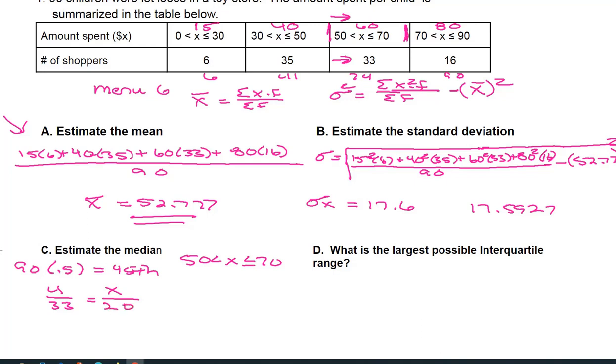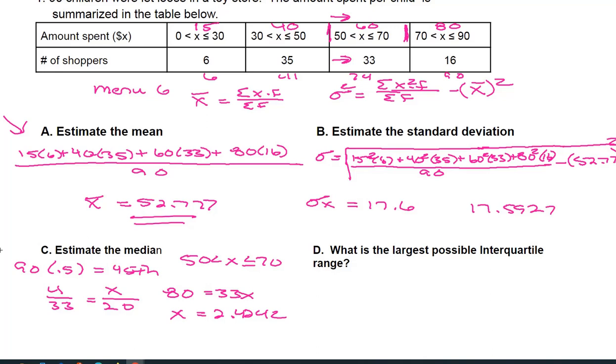And like any proportion, if you've got two fractions equal to each other, all you've got to do is cross multiply. So this is going to be 80 is equal to 33x, and x is going to equal 2.4242. Now keep in mind, x is not our median. X is how far we have to go into the class.